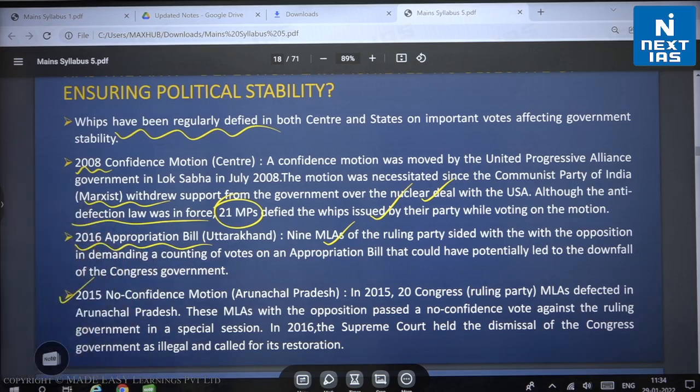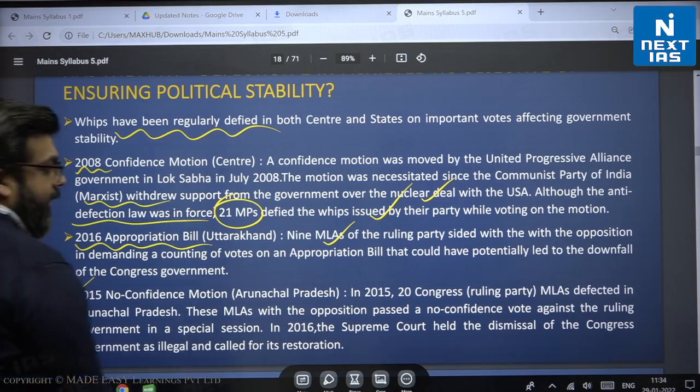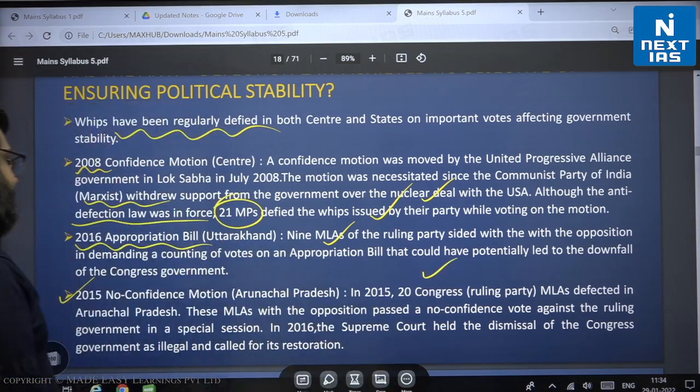2015 Arunachal Pradesh no confidence motion. In 2015, 20 MLAs defected in Arunachal Pradesh.